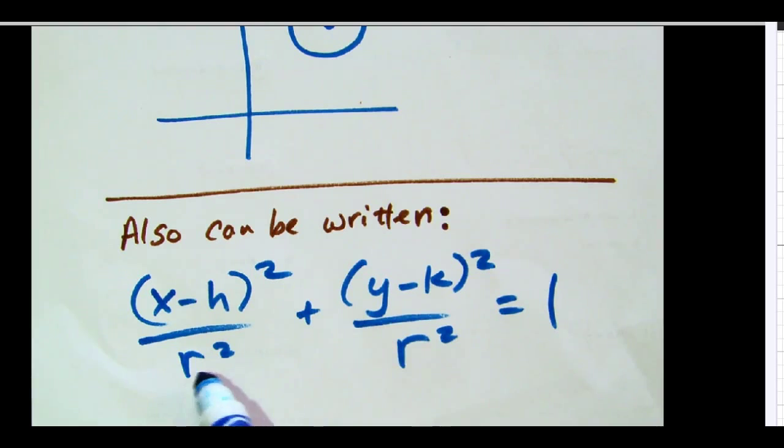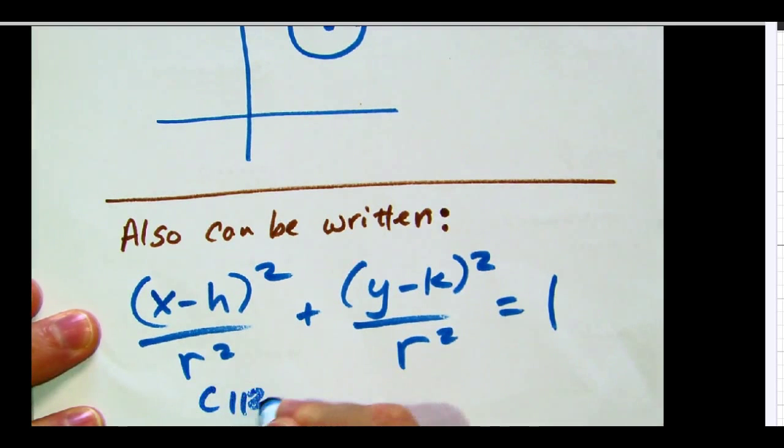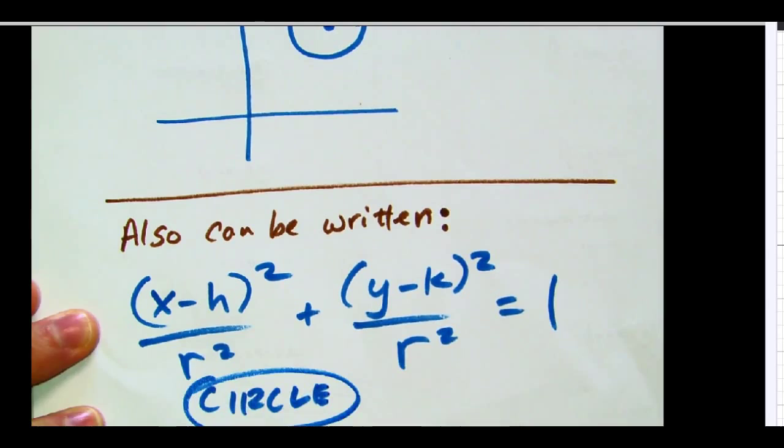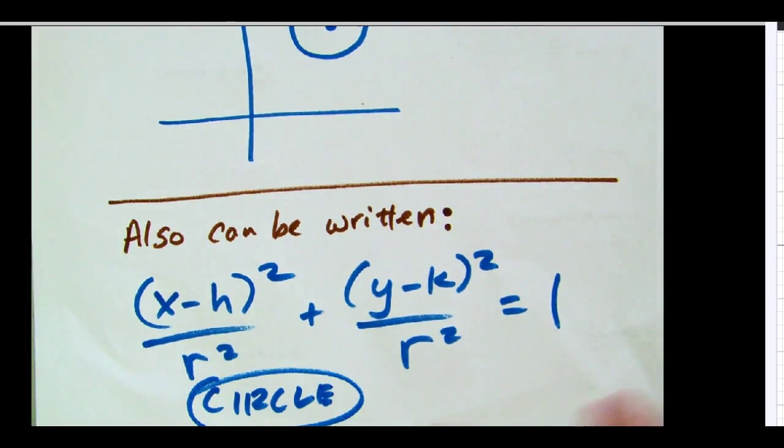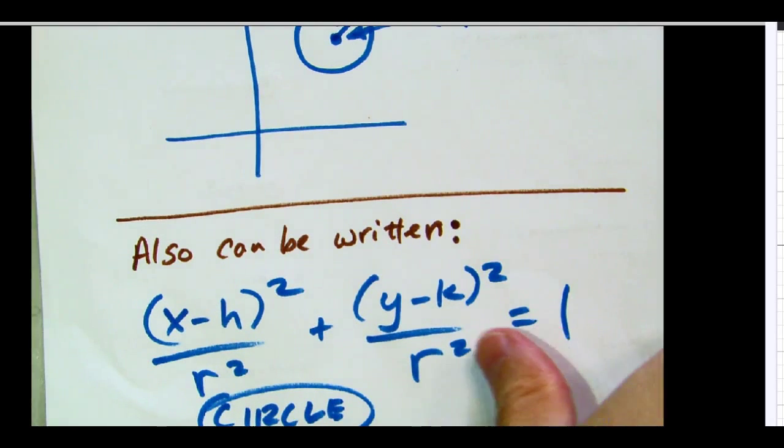And what happens is that if these bottom pieces are both the same, you're going to know that you have a circle, because your dimensions in the x direction are going to be the same as the dimensions in the y. We'll talk about that a little bit more later. But this is also another version of a circle.